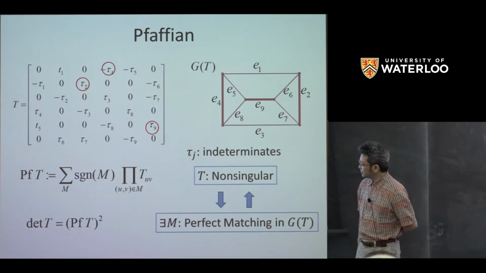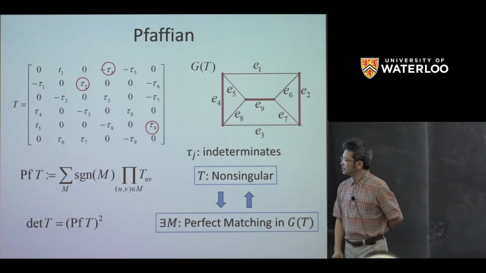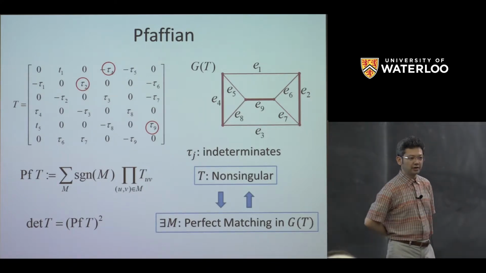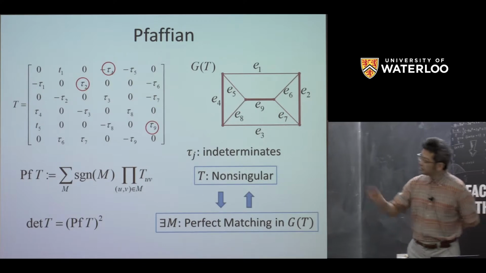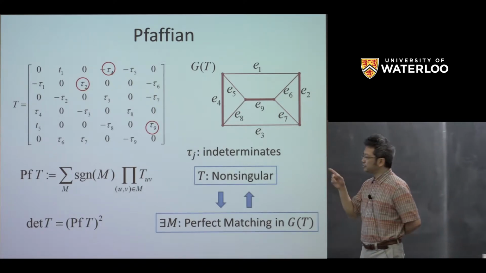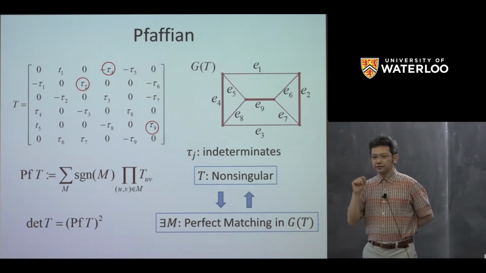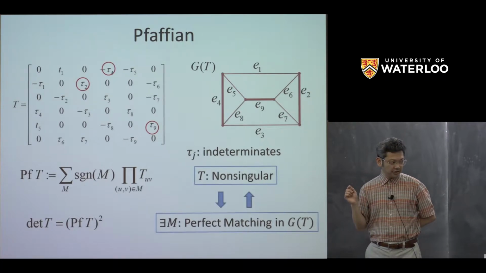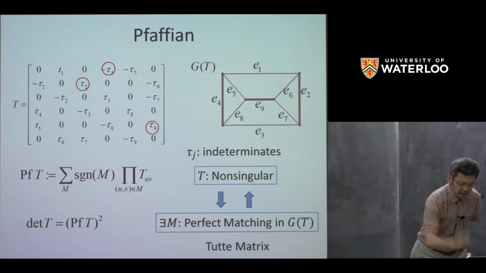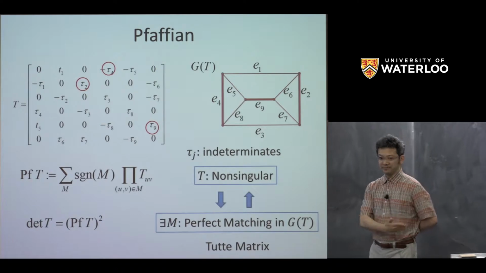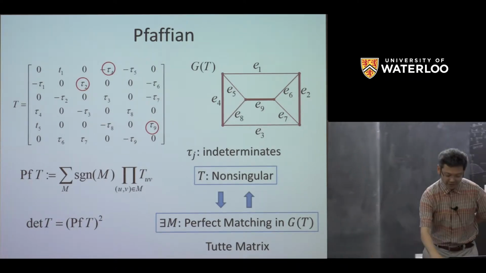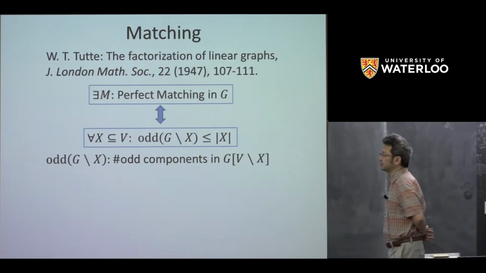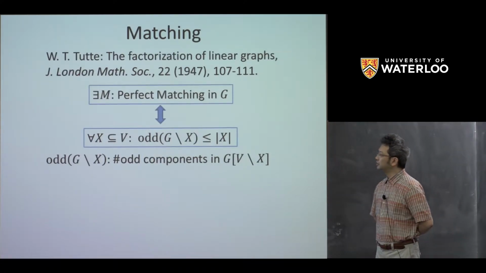Then we could argue that T is non-singular if and only if there exists a perfect matching in G of T. Now, such a matrix, the skew symmetric matrix with non-zero entries being indeterminate, is named the Tutte matrix by Jim Geelen. And the name came after this famous paper of Tutte, The Factorization of Linear Graphs.